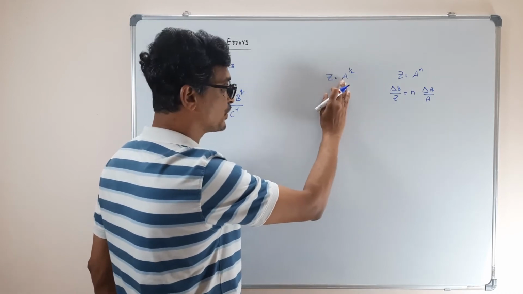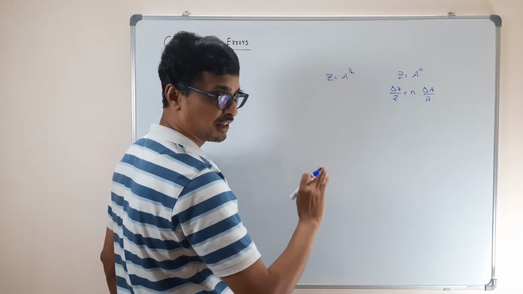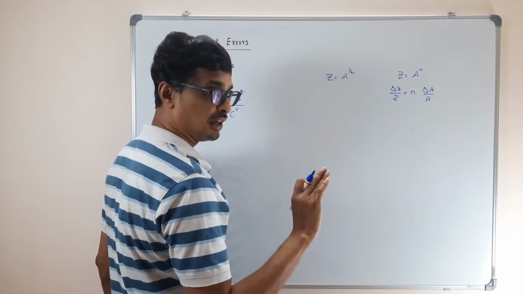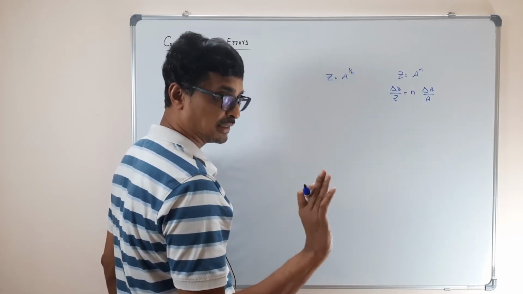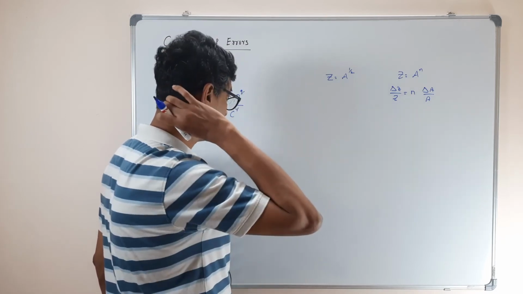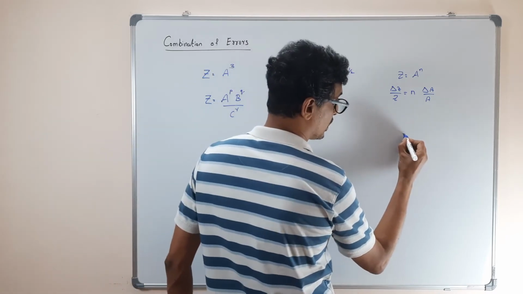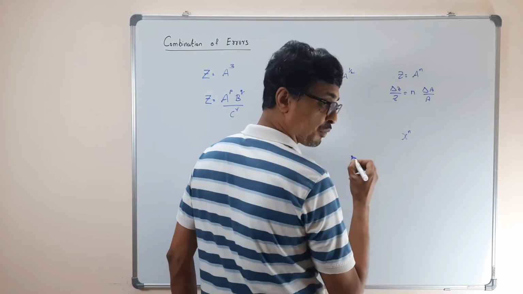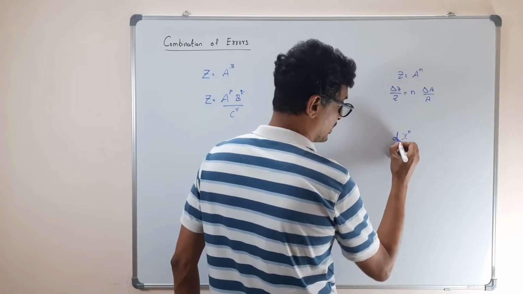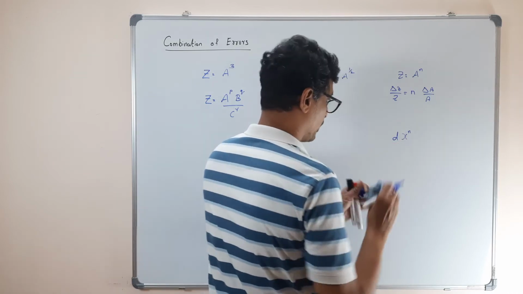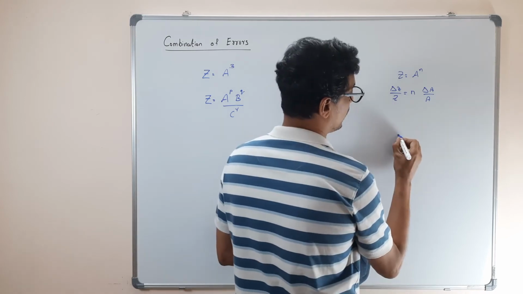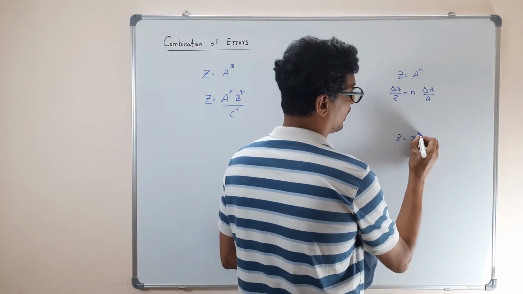But that comes through something called differentiation. I think you will have it in mathematics maybe this year or next year. If you have a quantity x to the power of n and you want to differentiate it, I am having some quantity z equal to x power n.